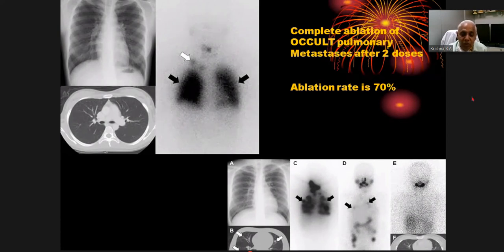Where there was no nodule or no parenchymal disease, all that area got ablated. However, in the second dose later, this patient did ablate. So this is a beautiful scan to show the relevance of total thyroidectomy, number one, the relevance of picking up occult disease in oncology as early as possible so that the therapeutic efficacy is enhanced.